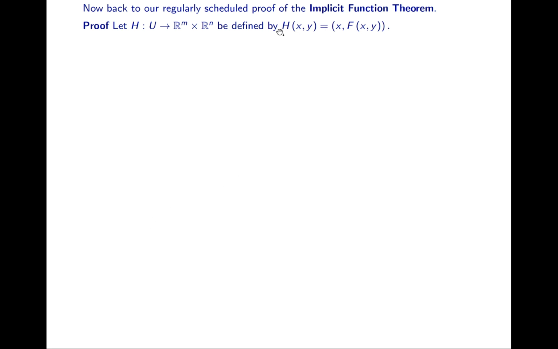And h is defined as h of x comma y is equal to x comma f of x comma y. So x is an m-dimensional vector, y is an n-dimensional vector. x gets mapped to x, y gets mapped to f of x comma y, which is an n-dimensional vector. And h is defined wherever f of x comma y is defined, because U is the domain of f.